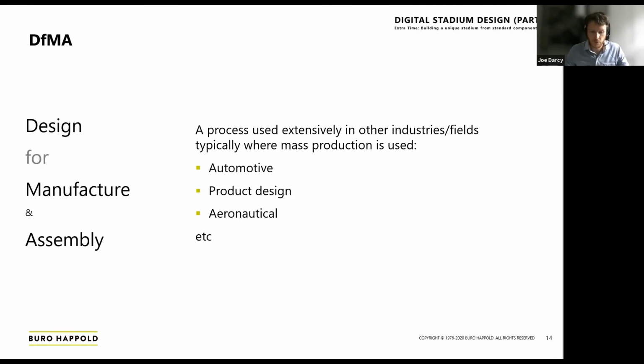But it has been starting to come into the construction industry as of late. I think it started in the 70s, but recently there's a bigger push for it going forward. DFMA is actually a combination of two different processes, design for manufacture and design for assembly.